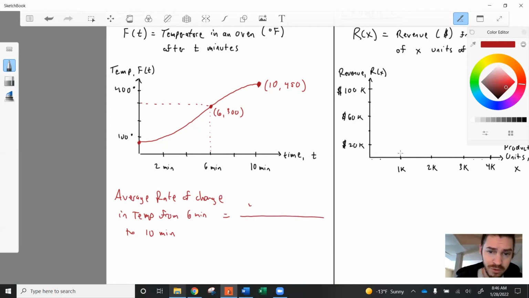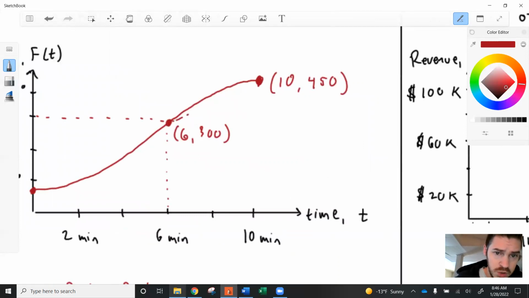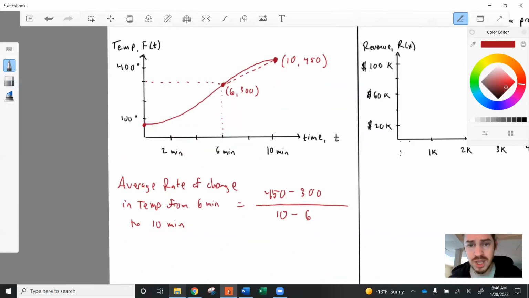Okay, so like 450 minus 300 divided by the change in function input, 10 minus 6, right? So that right there would be the slope of a secant line, which would be a line that connects these 2 points.